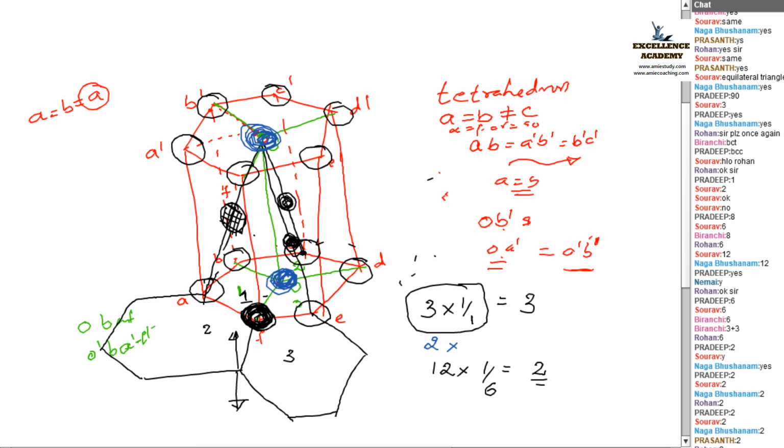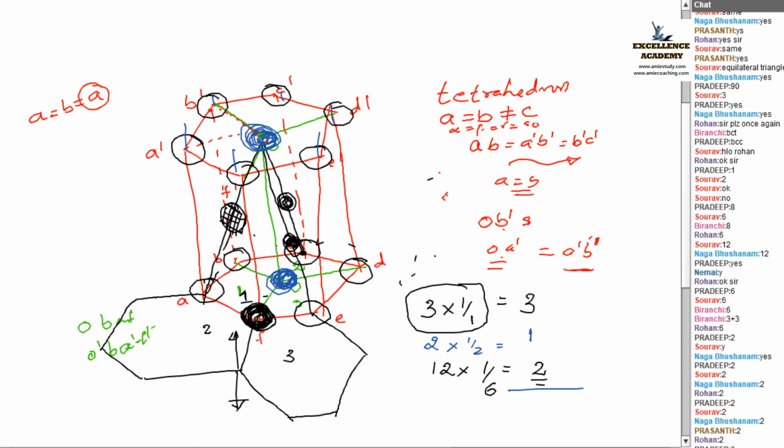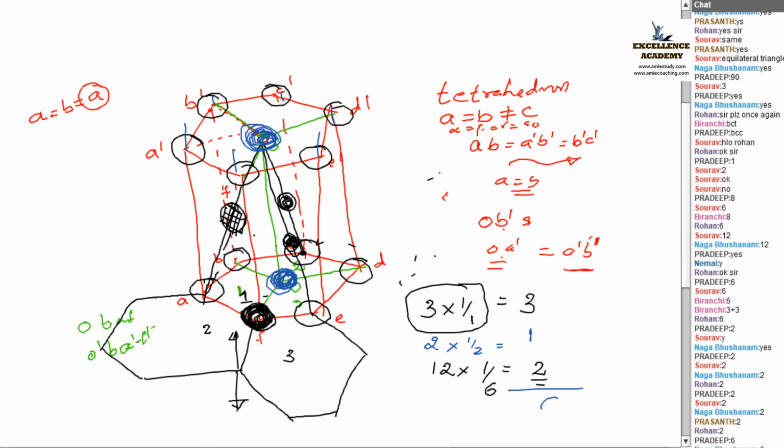Yes, one more unit cell is also coming over here, isn't it? So that means two unit cells share the end face atom. Okay, so 2 into 1 by 2. Number is what? 1. So what is the total number of effective atoms in the case of a hexagonal close packed structure? 6.